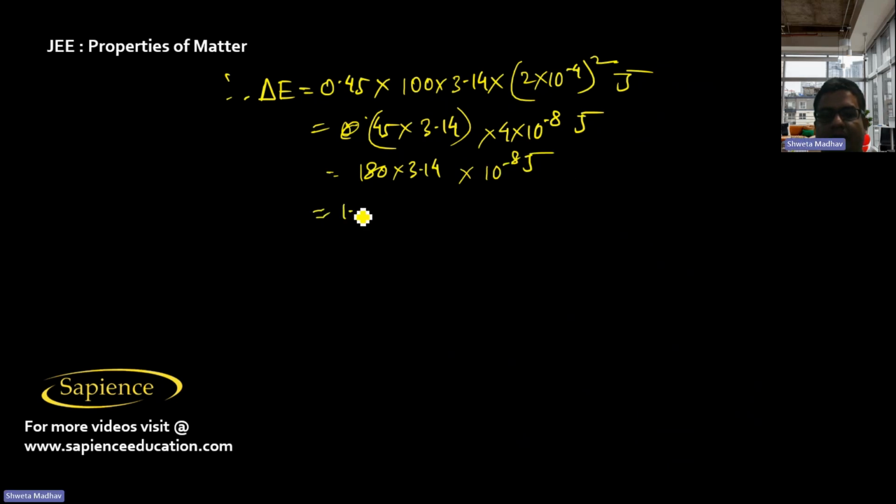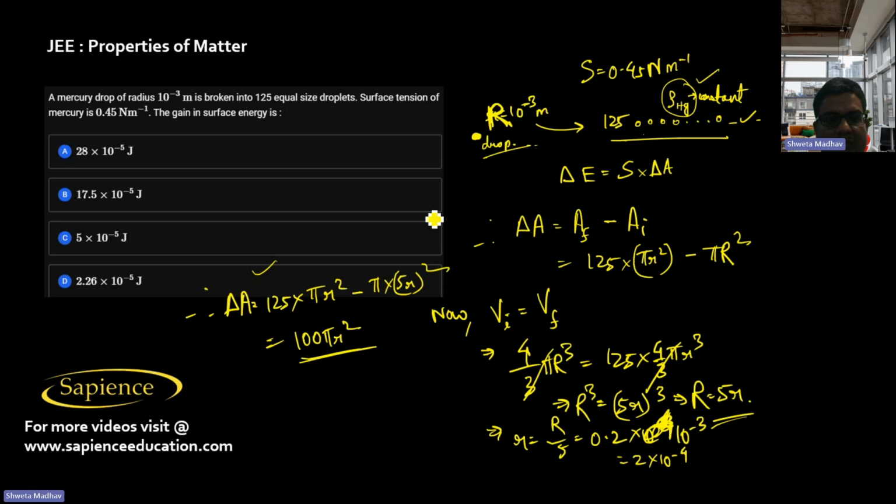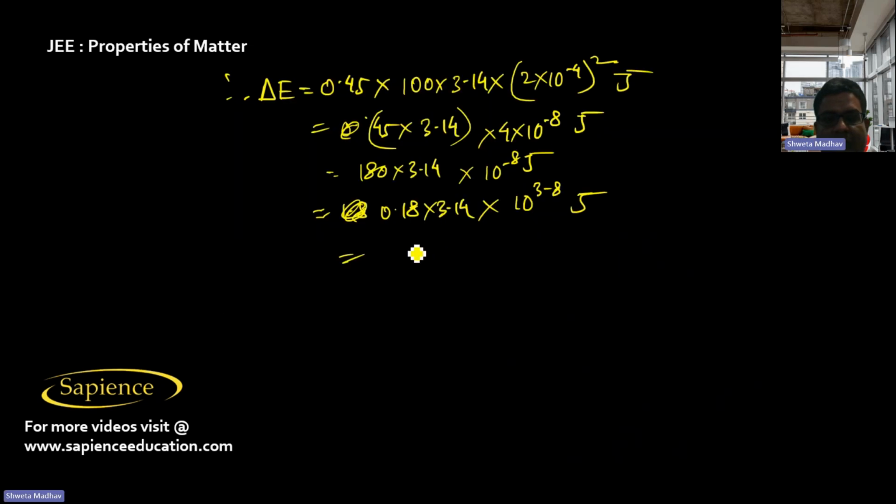So I can say this is 1.8 into 3.14 into 10 power minus 6, so about 5 into 10 power minus 5 joules.